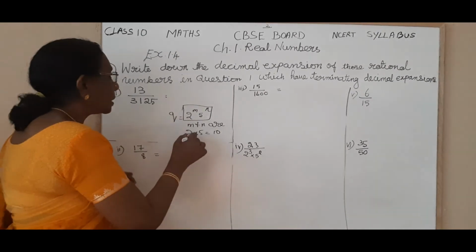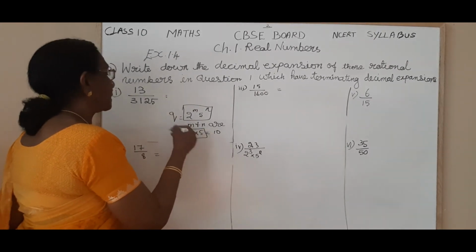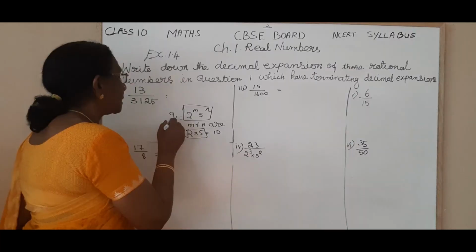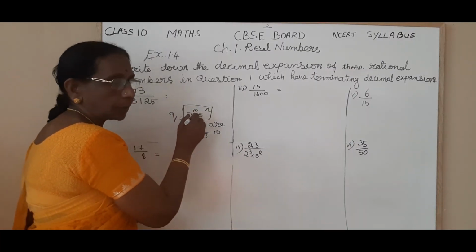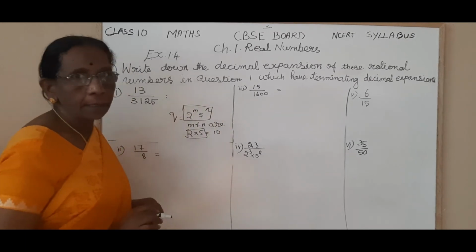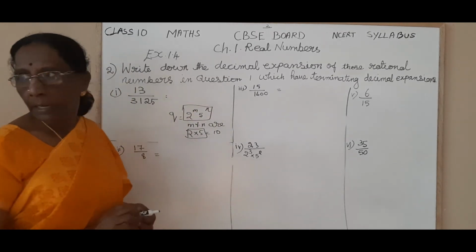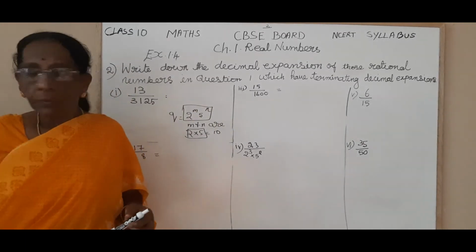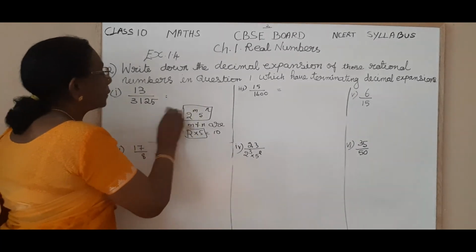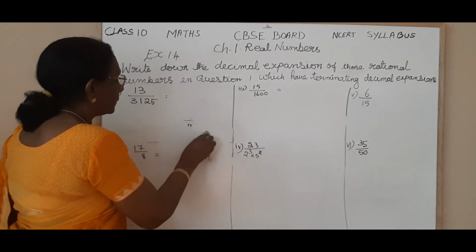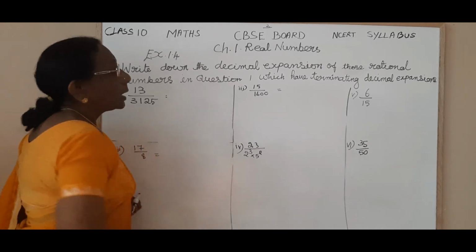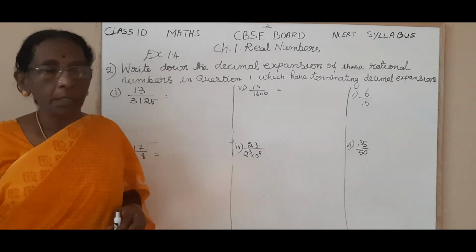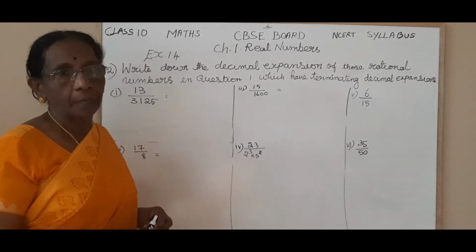That is why the theorem says the denominator q should be in the form of 2 to the power m into 5 to the power n. Have you understood, children? Using this, without actual division, we separated the terminating and non-terminating decimals in question number 1, isn't it?